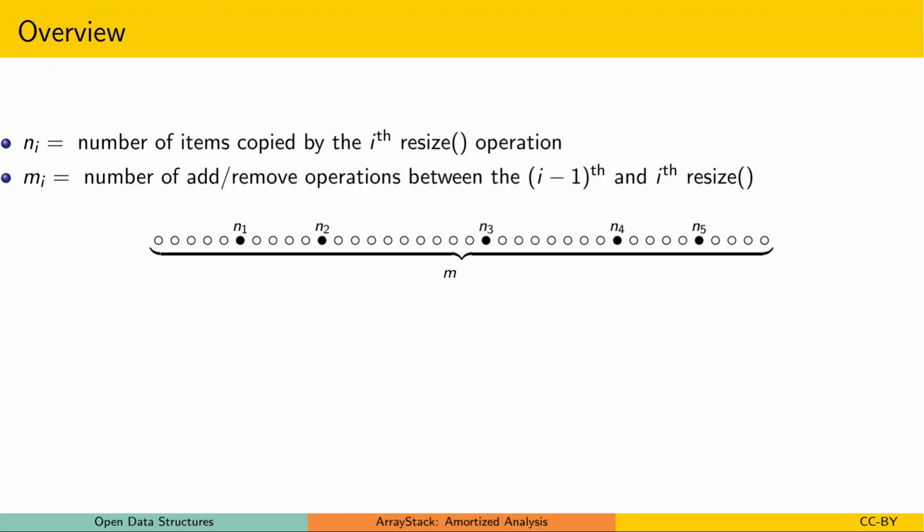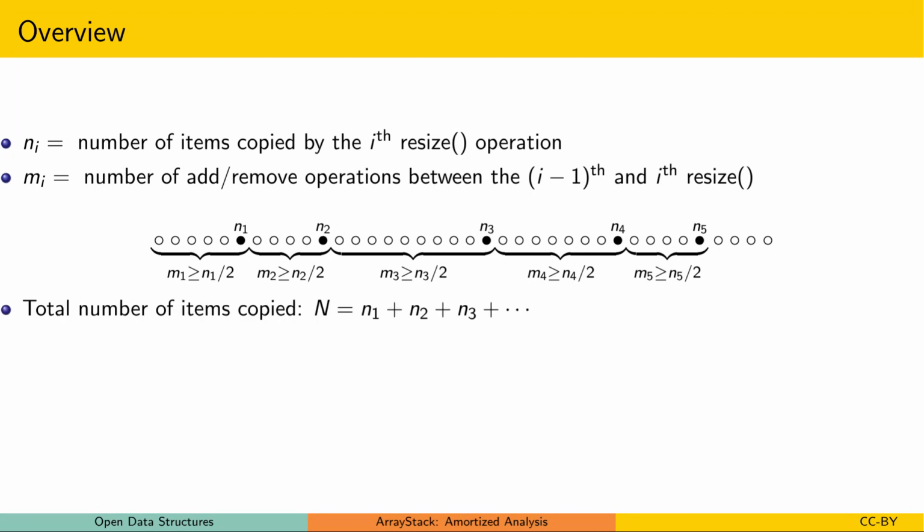Let m sub i denote the number of add or remove operations between the (i minus first) and ith resize operation. We've already established that m sub i is bigger than or equal to n sub i over 2. There are at least n sub i over 2 add or remove operations that have to occur before the ith resize, but after the (i minus first) resize.